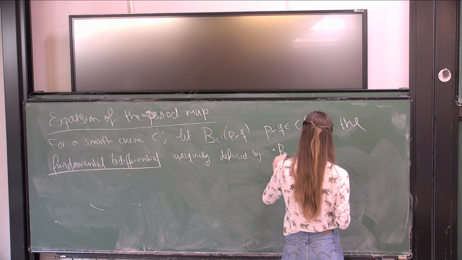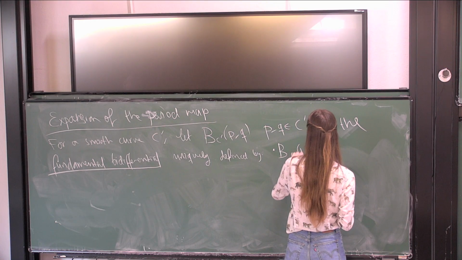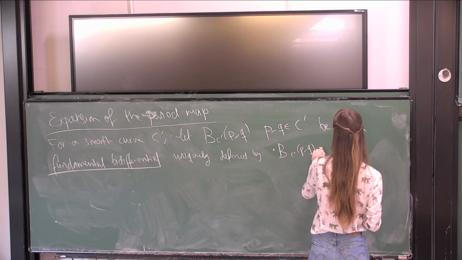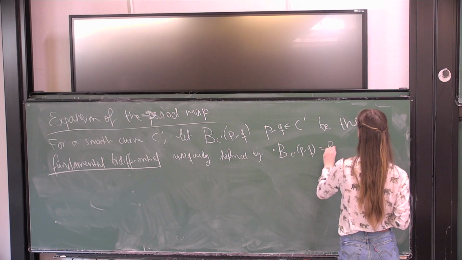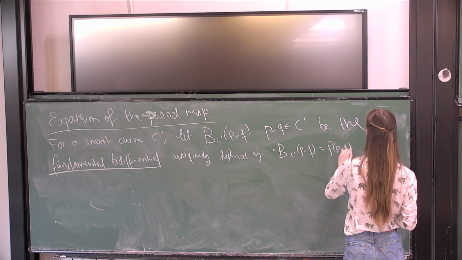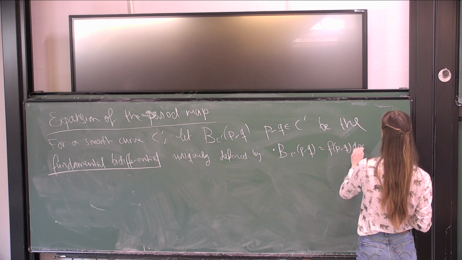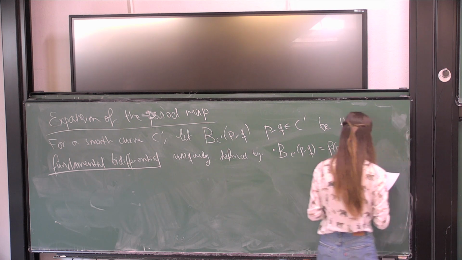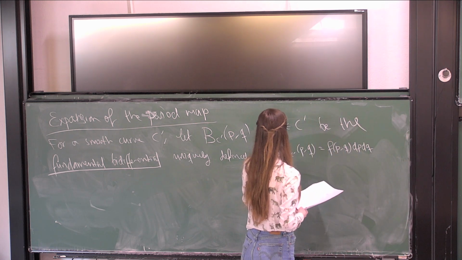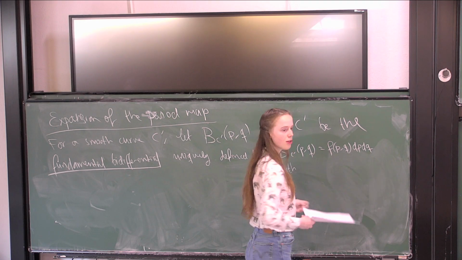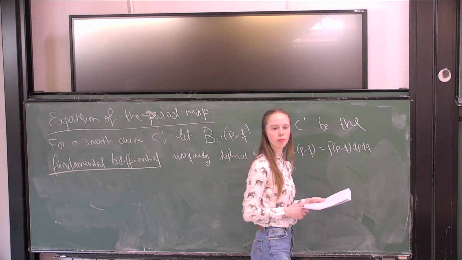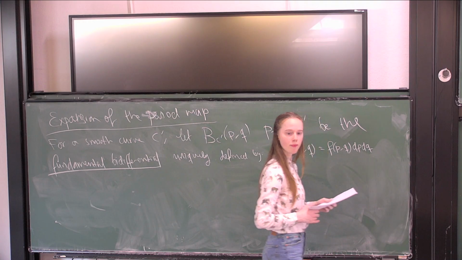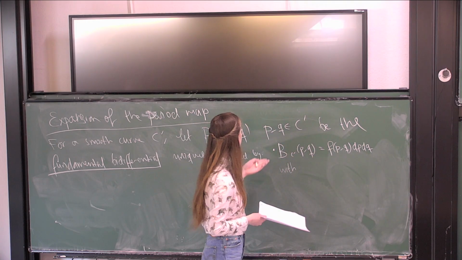So what is it? It is some bidifferential in P and Q, so you have some meromorphic function F in P and Q, and then times dP dQ, where these are differentials, such that the only pole of this F occurs at P equals Q. Sorry, so P and Q are varying points? Yes, exactly.